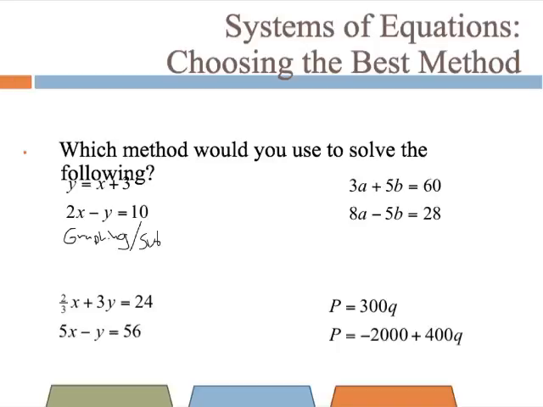Since you already have that y equals, it'd be pretty quick to simply plug it into the other equation and see where we go from there. So, good thing I can spell, huh?